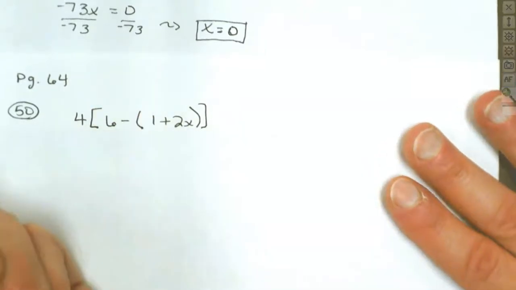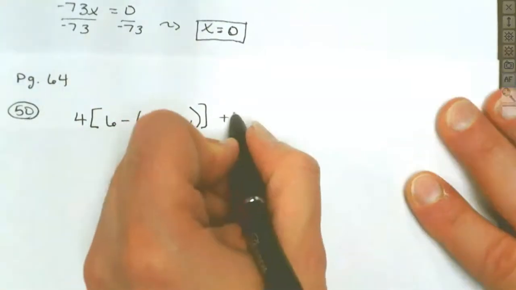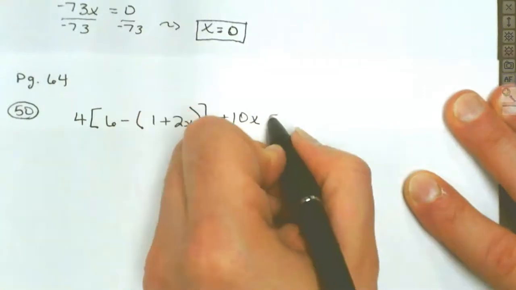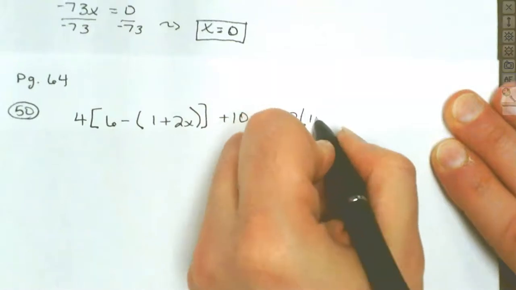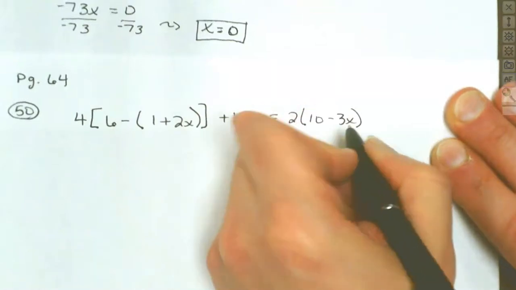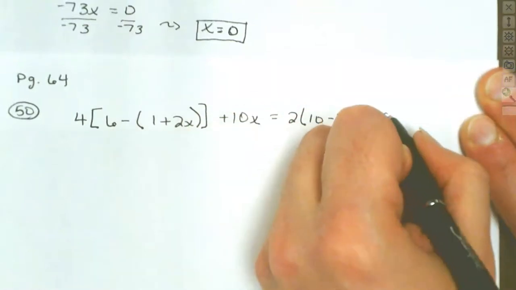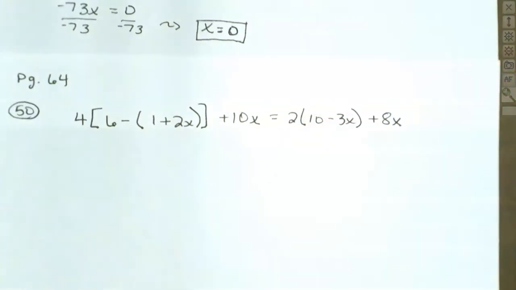Yep, still in 1.1. I wanted to try and finish up 1.1 before we took our break. Now I picked this one because it has square brackets, and our answer should end up being an identity.